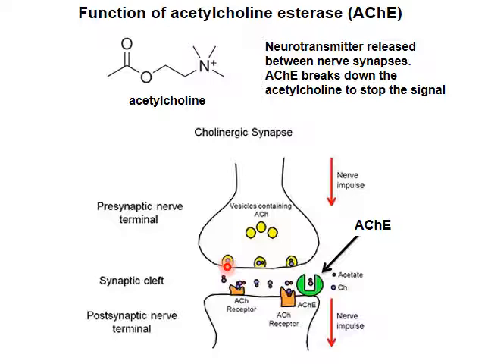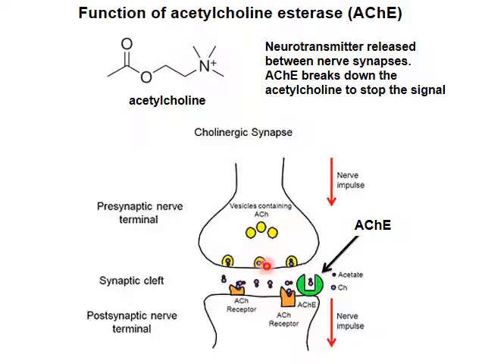These acetylcholine molecules exist in little vesicles, and they will fuse with the membrane and then be released into the synaptic cleft to bind the acetylcholine receptor and propagate the nerve signal.